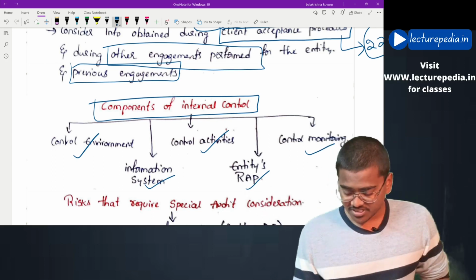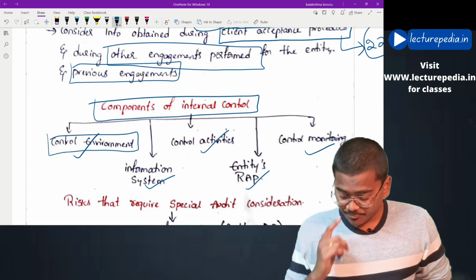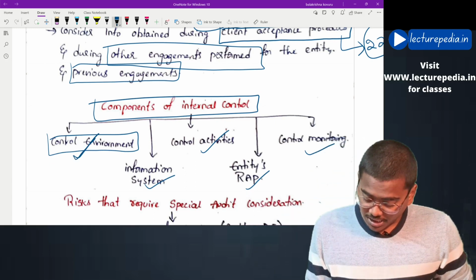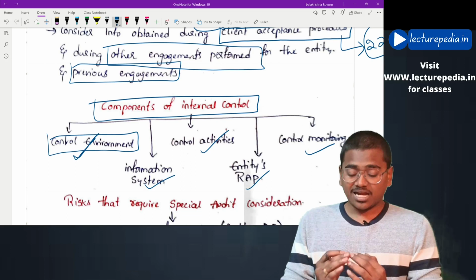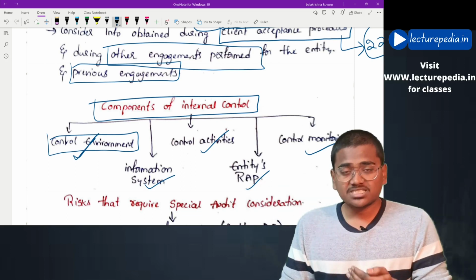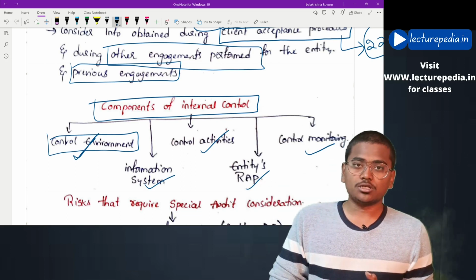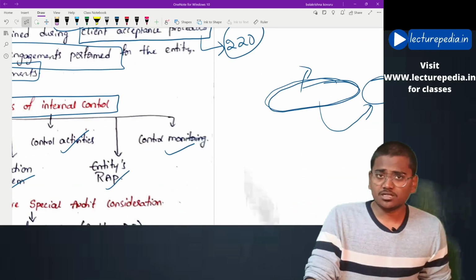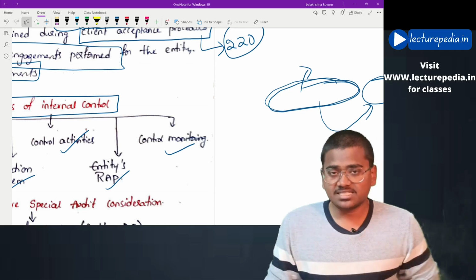What are they? First of all, control environment. The auditor will check whether the environment of the entity is conducive for the successful implementation of the controls or not. Let's say a particular student is preparing for his examinations.